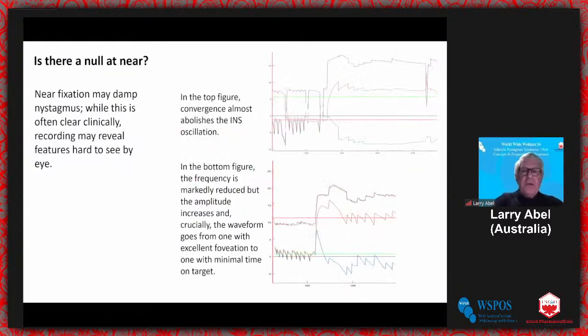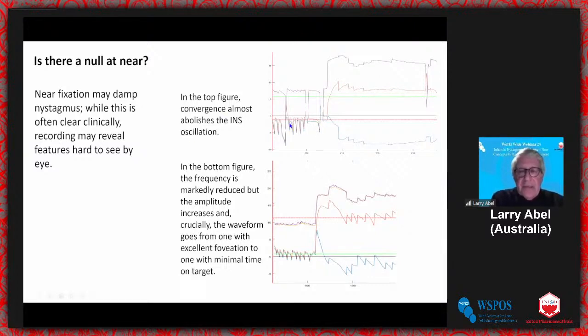The other place you often have a null, possibly by itself or with a gaze null, is at near. One of the problems is what's actually happening at near. You might say, oh, the nystagmus looks less, but what does that actually mean? These are two recordings that I've just pulled from my files where the nystagmus would look less at near in both cases.